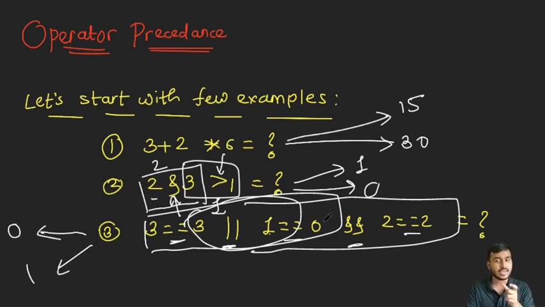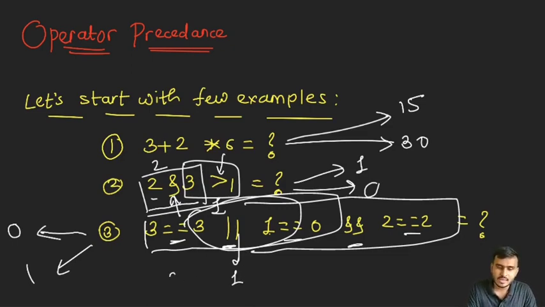So let's say you are considering this sub expression, 3 or 1. So first this part will be evaluated. Let's say the answer of this is 1, because 3 is truthy, 1 is also truthy, so the answer is going to be 1.